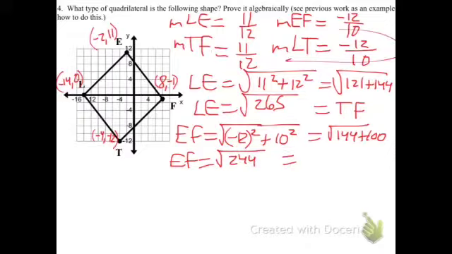And since LT has that same slope, negative 12 over 10, it's going to also have that same length. And I totally forgot to reduce these down. If you do, you're looking at negative 6 over 5 for both. So that's a little bit that I forgot.